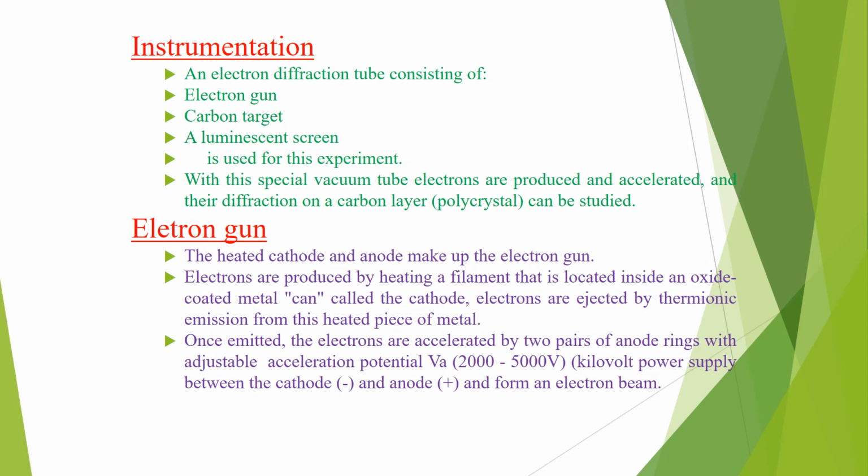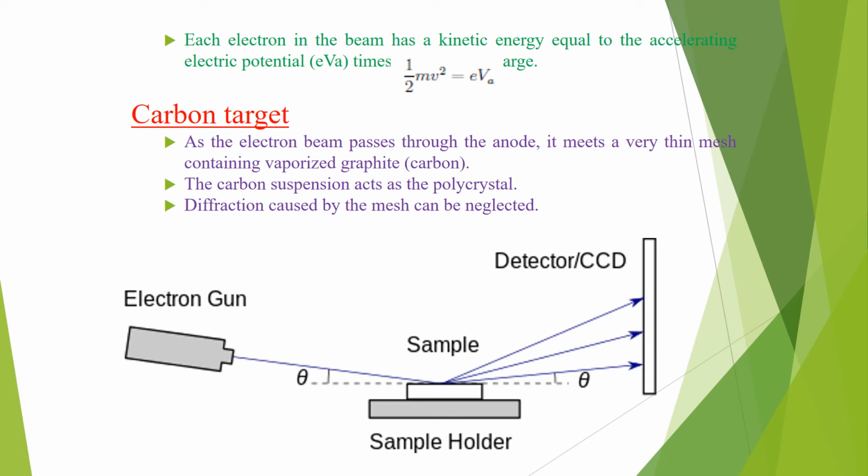The voltage required is 2000 to 5000 volts from a kilovolt power supply between the cathode and anode, and they form an electron beam. Each electron in the beam has a kinetic energy equal to the accelerating voltage times the electron's charge.